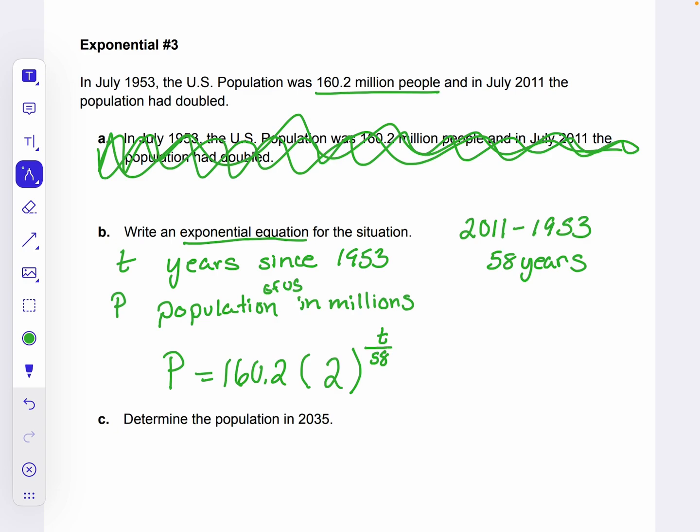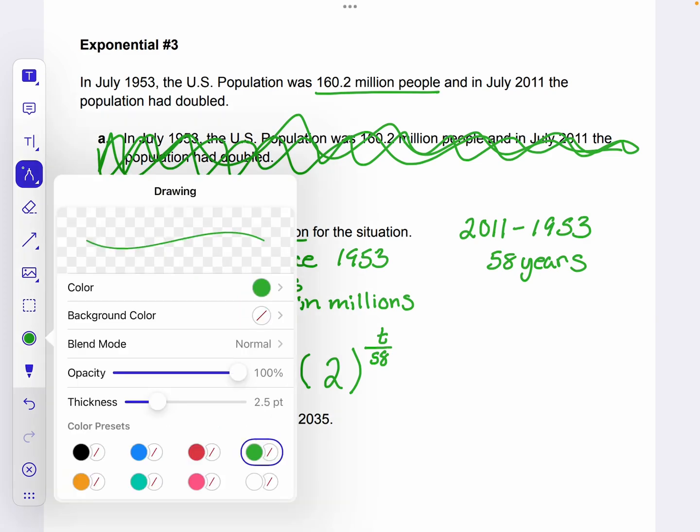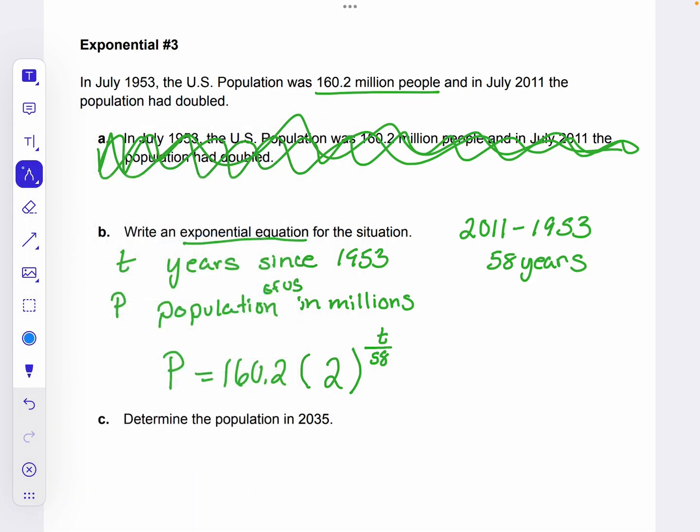It totally works. But sometimes you're asked for the annual growth rate, in which case we'd want to tackle this problem slightly differently. There's nothing wrong with the strategy we used here. In fact, I will use this equation to answer part C. But let's say I wanted to create an exponential function based on the annual growth rate.